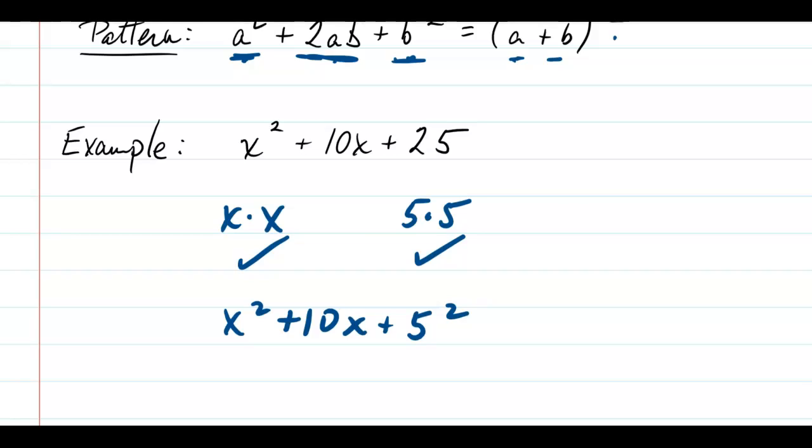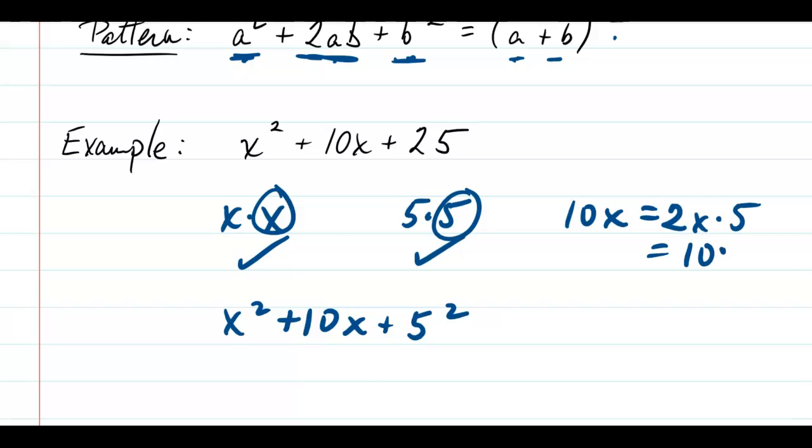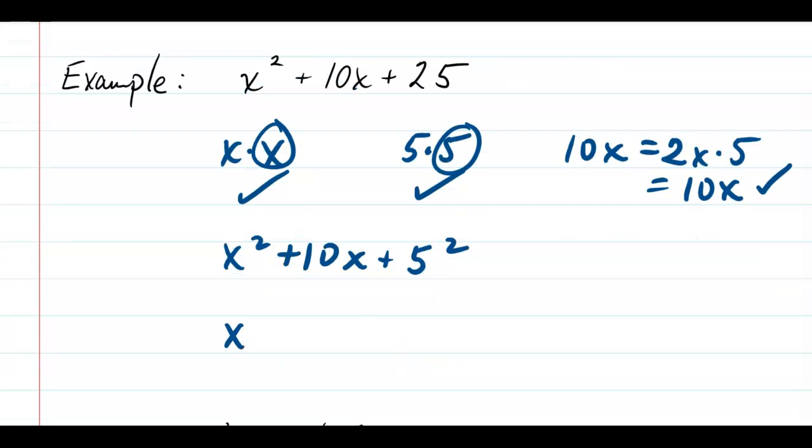Now the question is, is that 10x equal to 2 times the x times the 5? Yes, it is. So this factors into x from here and 5 from here, and this is a positive 10x, so this is x plus 5 squared.